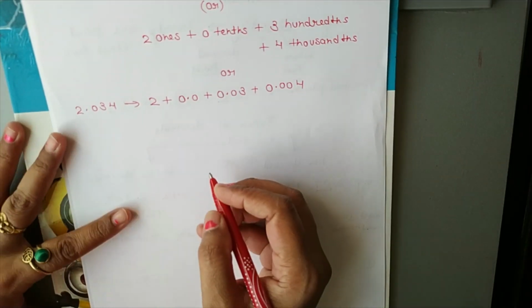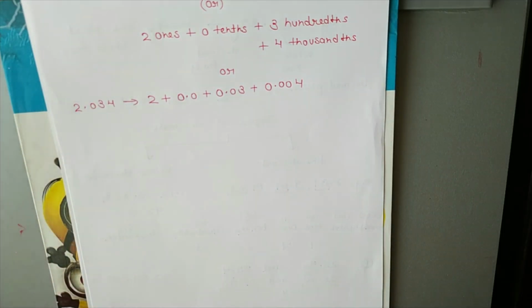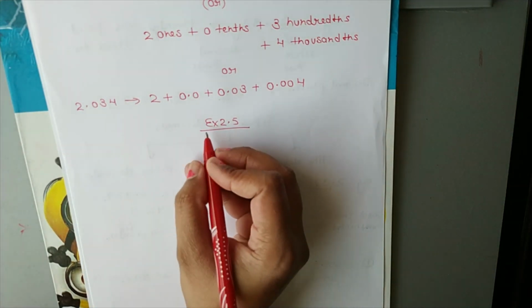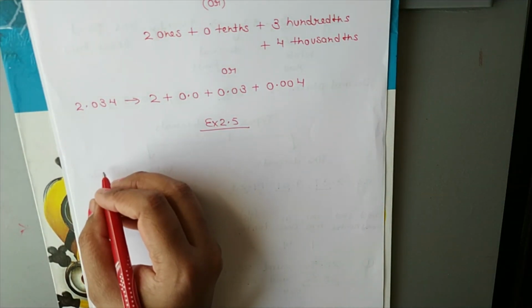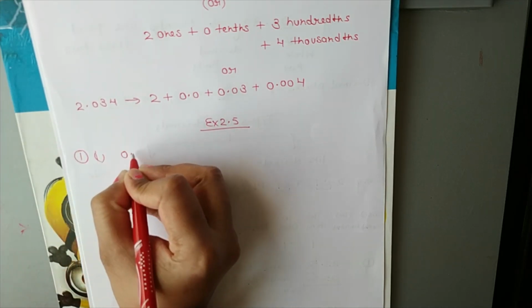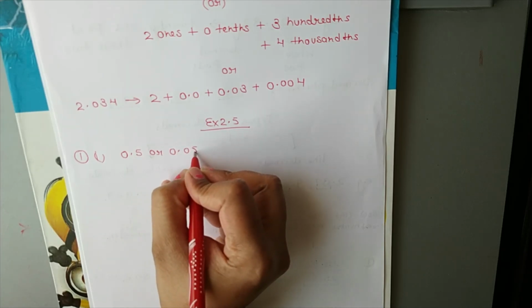Now we will move on to the exercise. Exercise 2.5, question number 1: which is greater? First, 0.5 or 0.05.